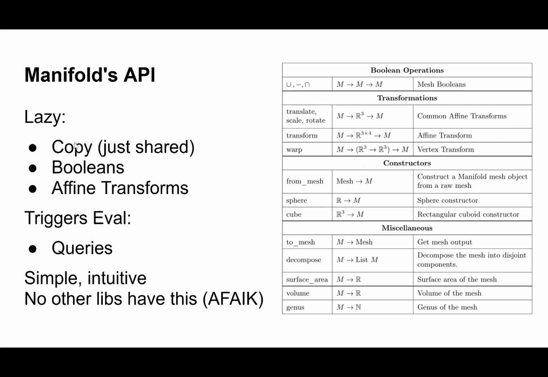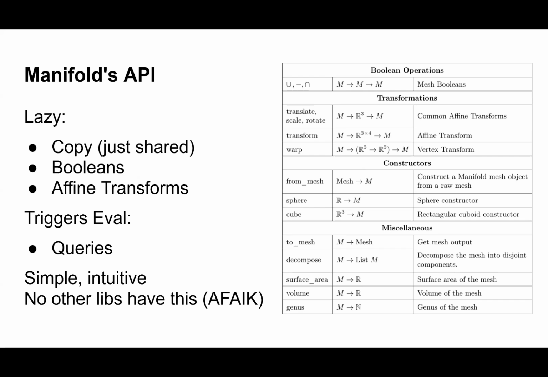At the end of the day, Booleans and affine transformations are all lazy. They build an underlying abstract syntax tree. And when you do queries, for example, you want the actual mesh, or you want to compute surface area, volumes, etc., they trigger the query. So it will actually evaluate the underlying abstract syntax tree.